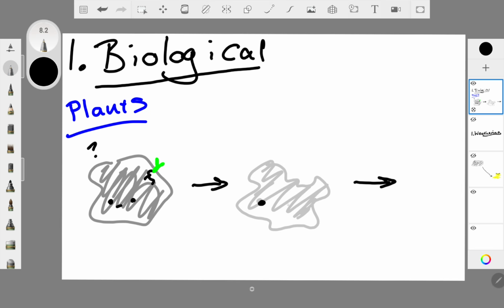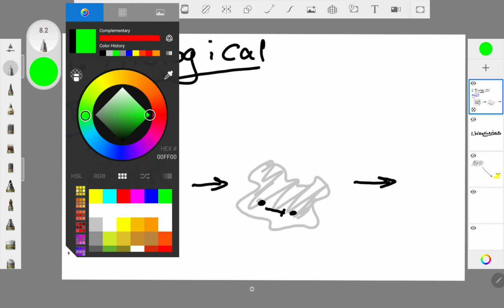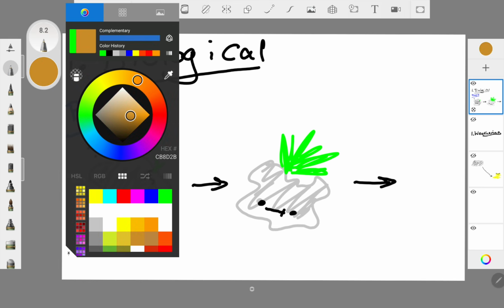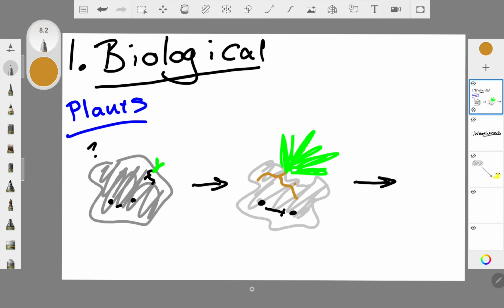So my poor rock is going to start feeling a bit stretched. As the plant grows bigger and bigger and bigger, the roots are going to dig deeper and deeper in. They're going to pull my poor rock apart like this.